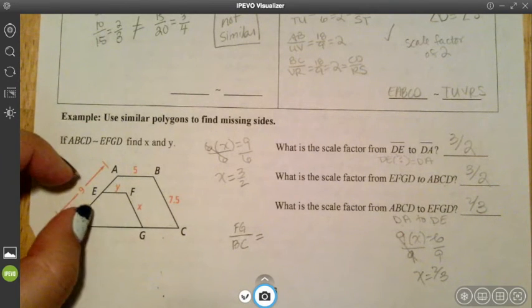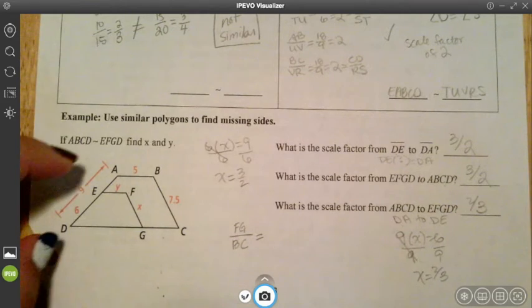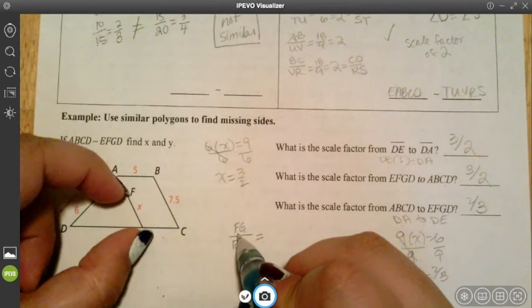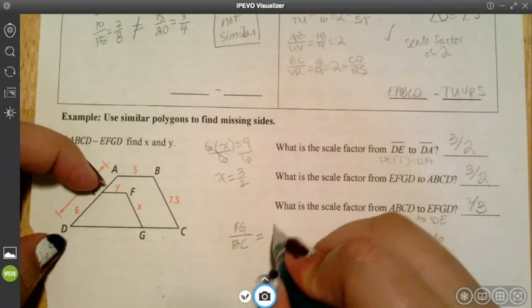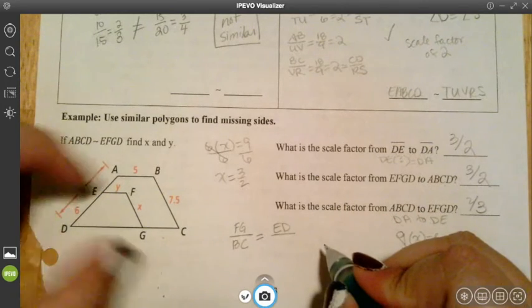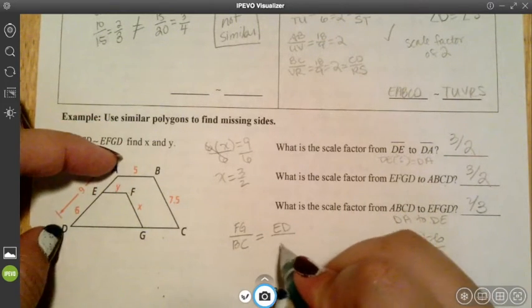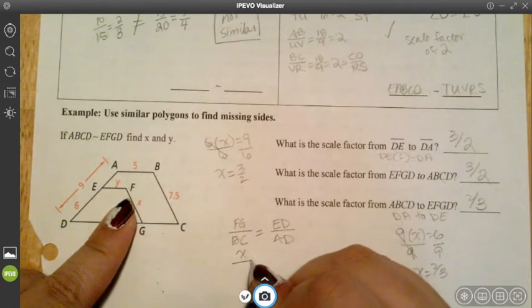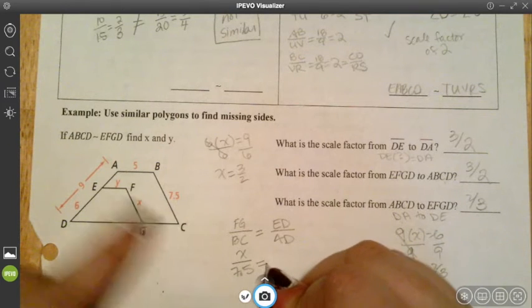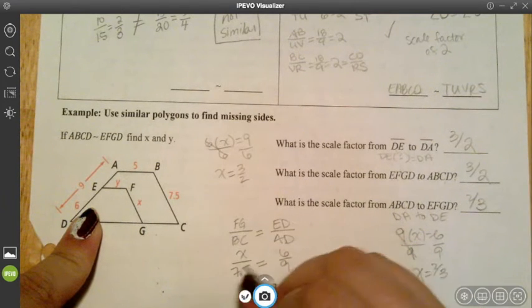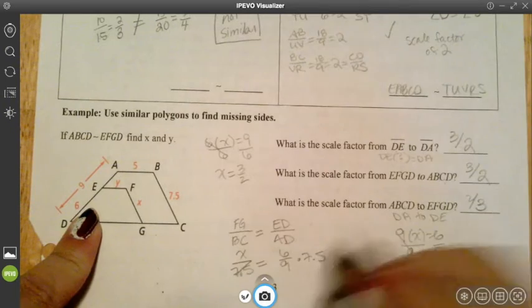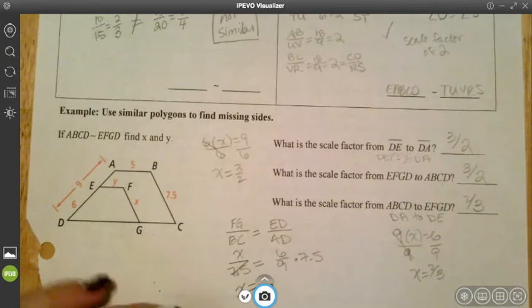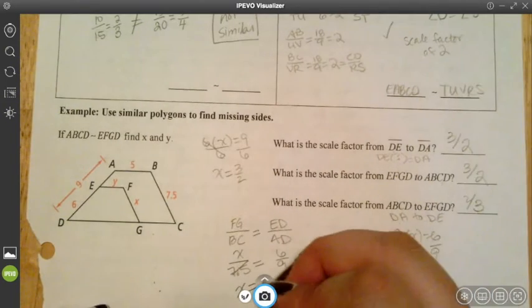So I'm going to choose the ones that I have all of the information for. I started with FG, so within that same quadrilateral is ED over BC and AD. So that's x over 7.5 equals 6 over 9. Multiply both sides by 7.5. x equals 5.